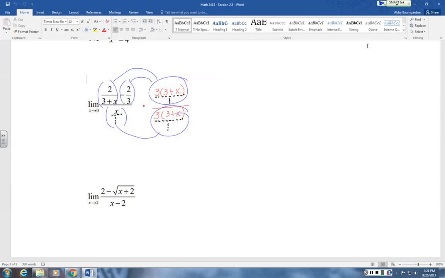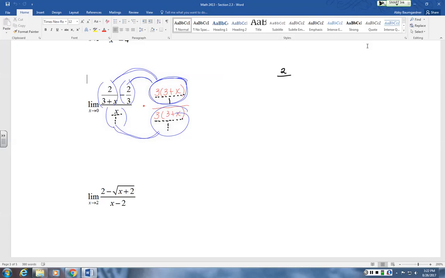Got to be careful with what I say and what I mean by it. Basically, I want to take this 3 times 3 plus x and distribute it to each piece. So what I'll end up with, now I'm going to do some scratch work here, but in the future, I'm really going to do this in my head, all right? So here's what I've got going on.